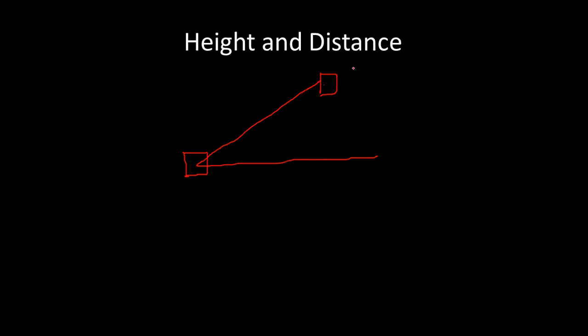The object we are viewing is above the horizontal line. The angle made between the horizontal line and the line of sight is called the angle of elevation.